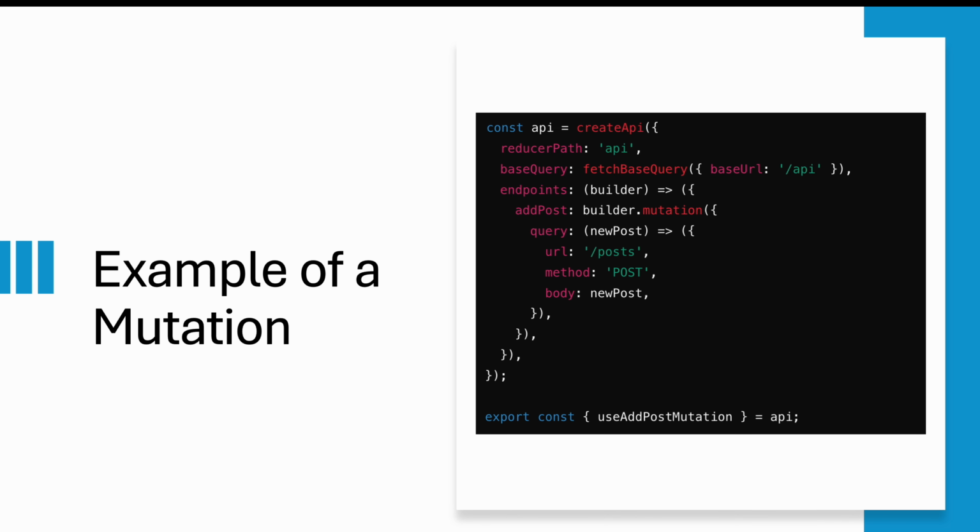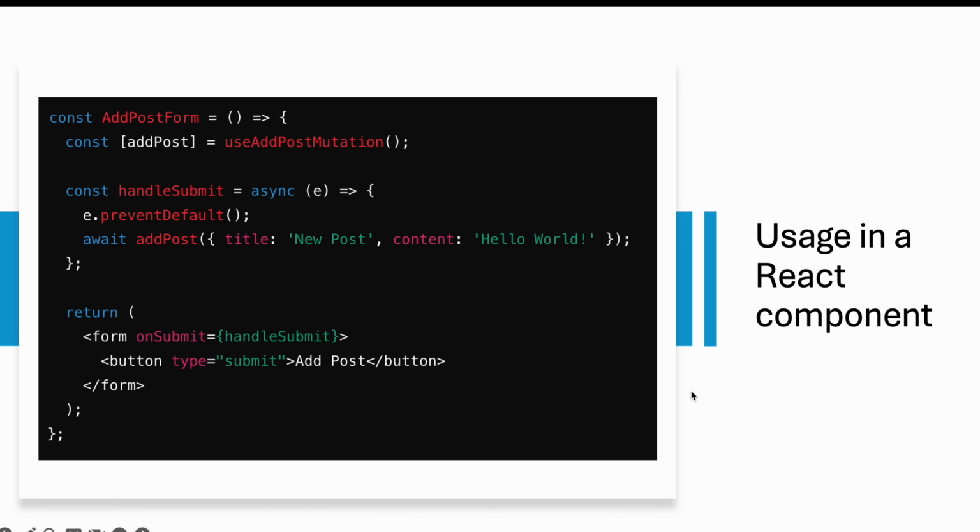So we are saying addPost and then builder.mutation, and in the query you see newPost, and we're sending the body, the newPost object, inside the body attribute. This is a very common example for a mutation. Anytime you do any mutation, you just follow this syntax and change it based on your need, the API name, the method name that you want to use, and for example, if you want to change this name, to meet your requirement.